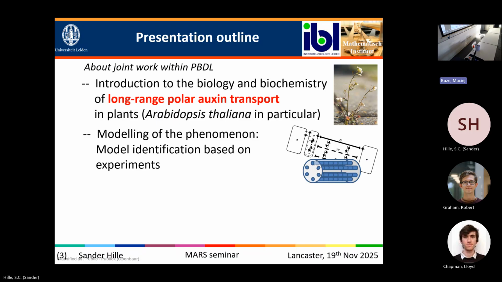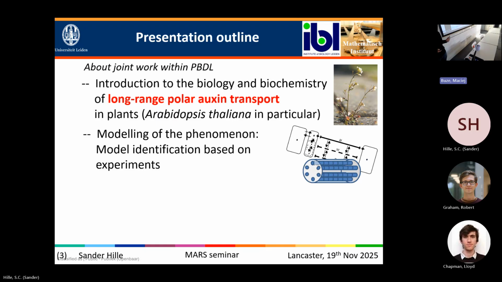The next step is that I want to discuss how we approach the modeling of this transport in this weed, and also how we integrated experiment and the modeling work, and we found some interesting things, I think, that are worth sharing.